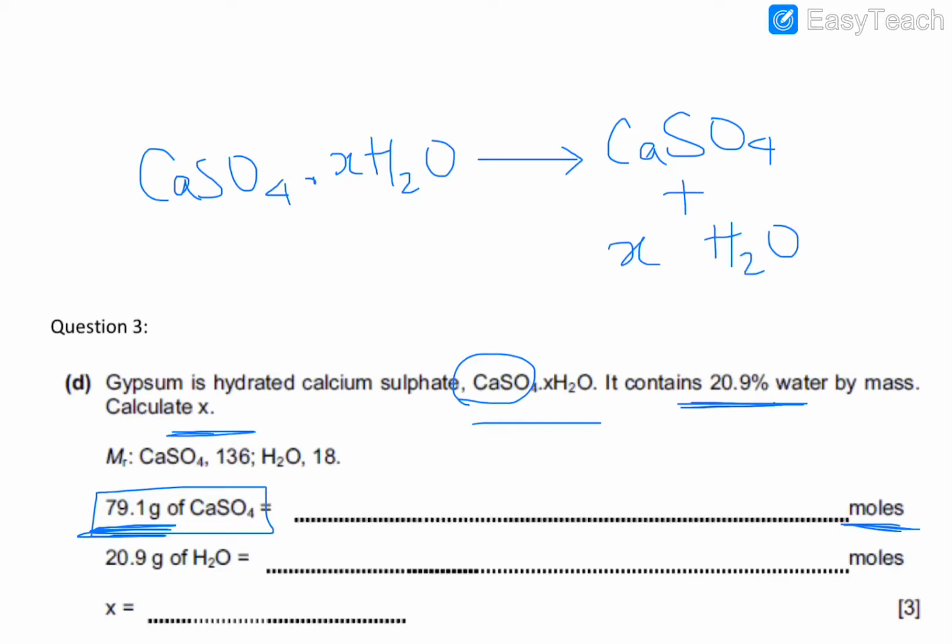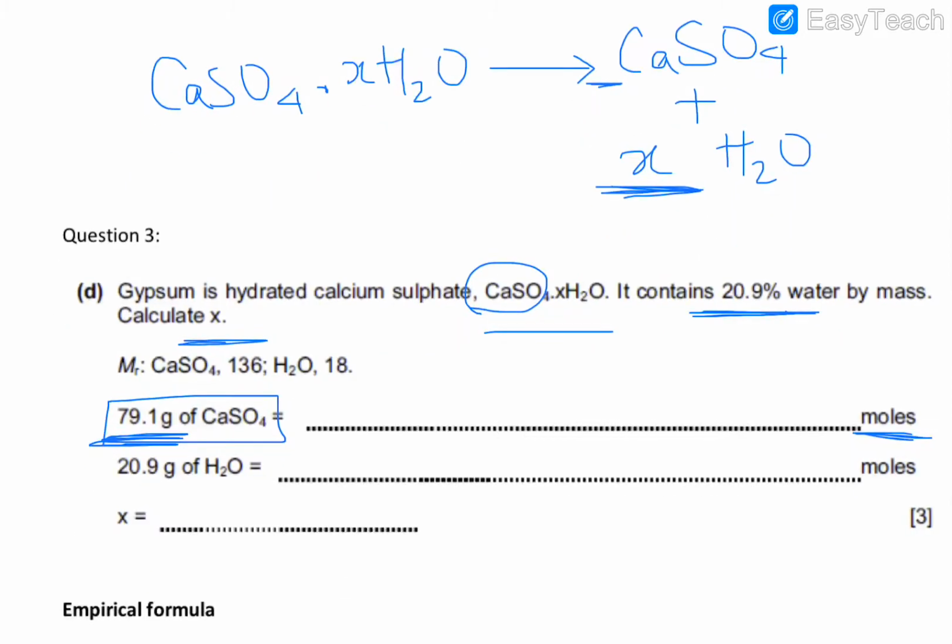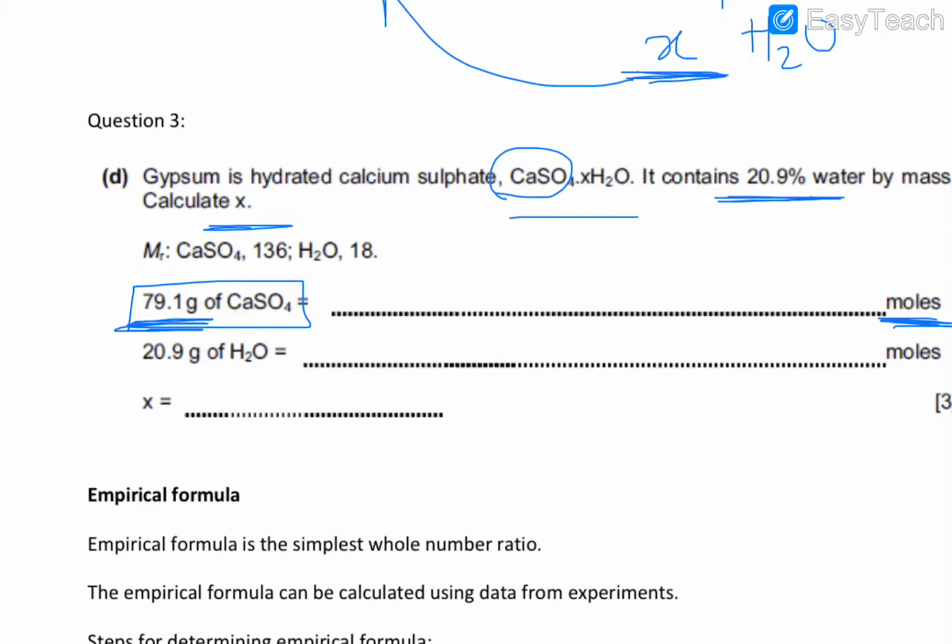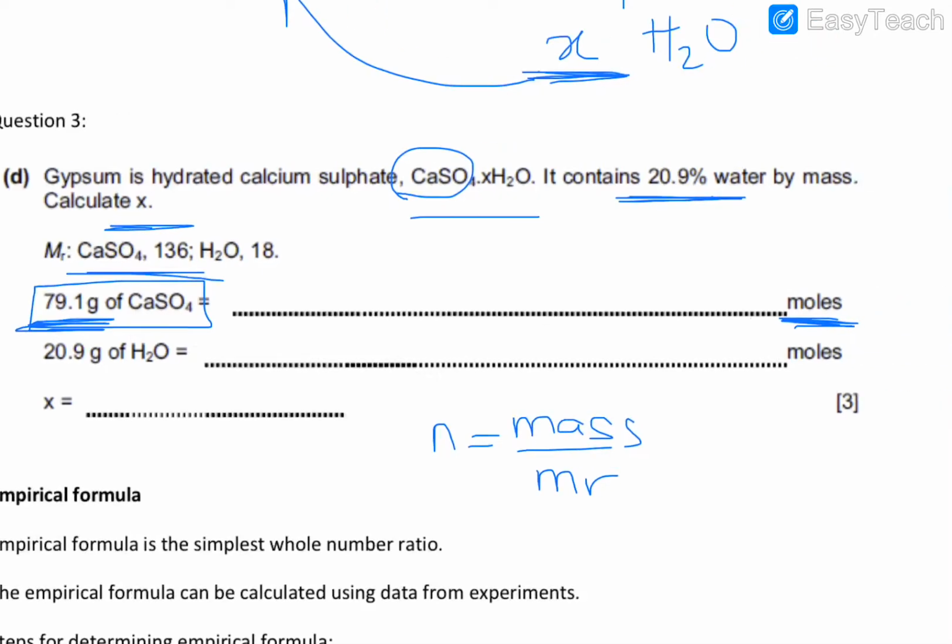So if we get the number of moles of calcium sulfate, we will get the value of X, which will be the number of moles of water. Okay, so which will be equal to X over here. So how do you find the number of moles of calcium sulfate? Number of moles is mass over MR. The MR of calcium sulfate is given.